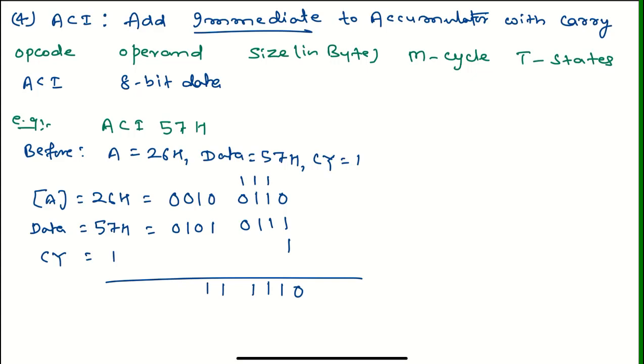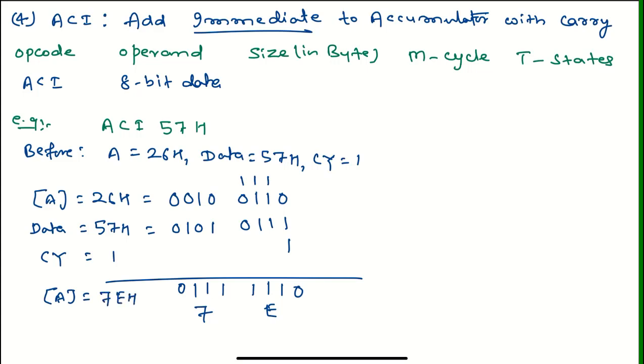In the seventh stage 0 plus 1, sum will be 1, carry will be 0, and as a last stage, means 8th stage 0 plus 0, it will be 0 here. So we got the result here. This is 7 and this is E. So this result will be stored into the accumulator as 7EH.